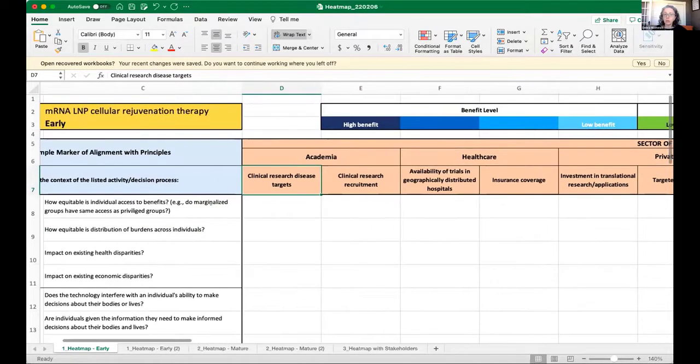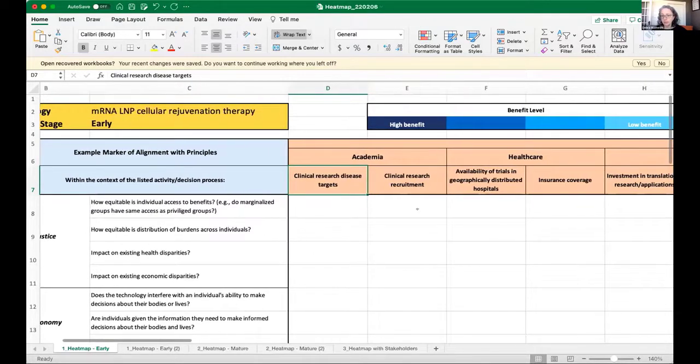How equitable is the distribution of that disease across individuals and groups, for example? What will the impact of that disease choice be for justice?